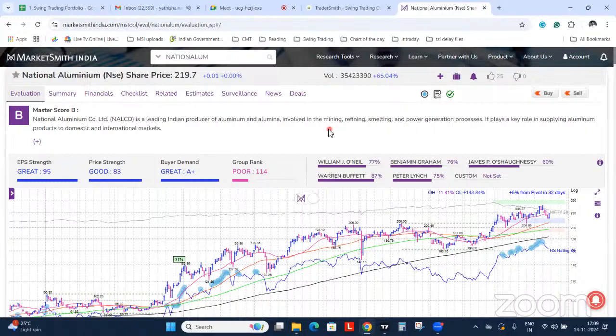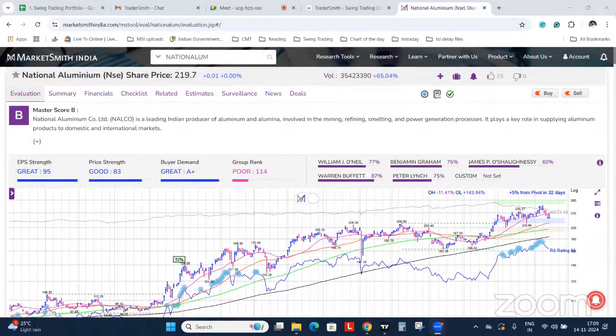First, National Aluminum. The way the IT index has fallen, and with negativity in the market, the metal index has comparatively outperformed till now. But now it has breached the 21 DMA and one short-term trend line.